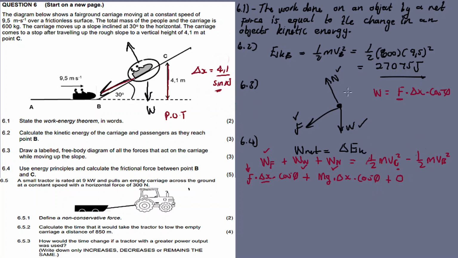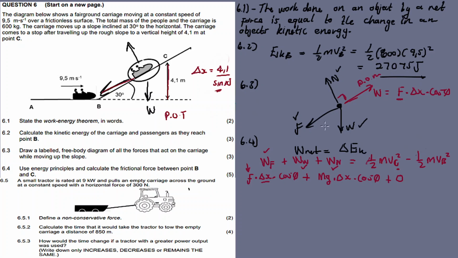Why do I say that? Normal force is a perpendicular force. The angle here is what? It's 90 degrees. By the way, the angle is always measured anti-clockwise from the direction of motion.